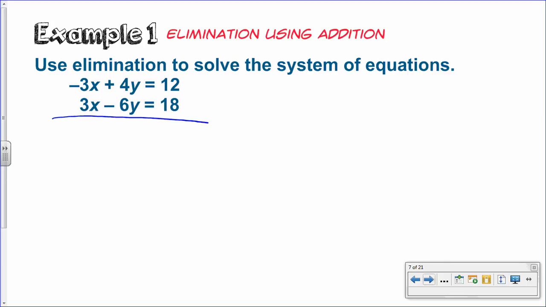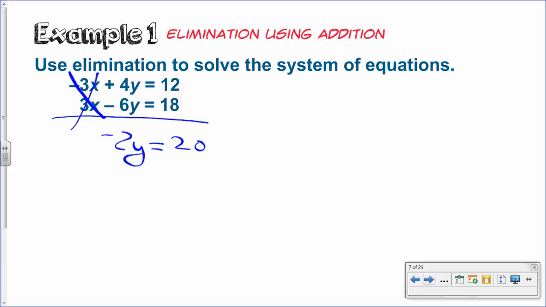Okay, now do I have opposites here? What are my opposites? Negative 3x and 3x. So guess what happens here? They eliminate each other. Okay, combine 4y and negative 6y. What does that give me? Equals 20. Solve for y.